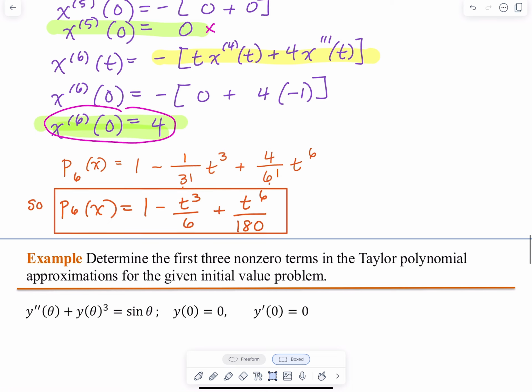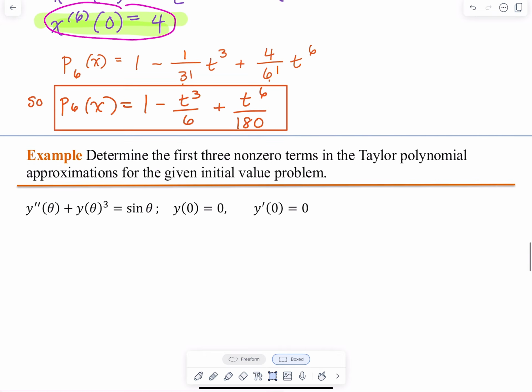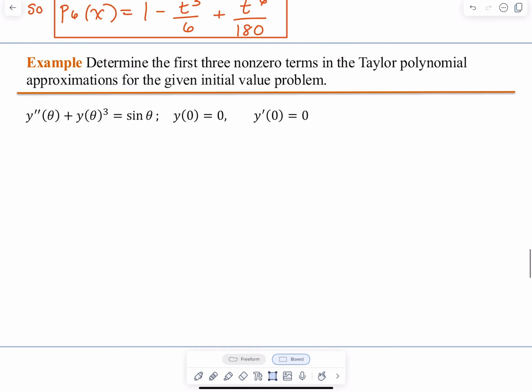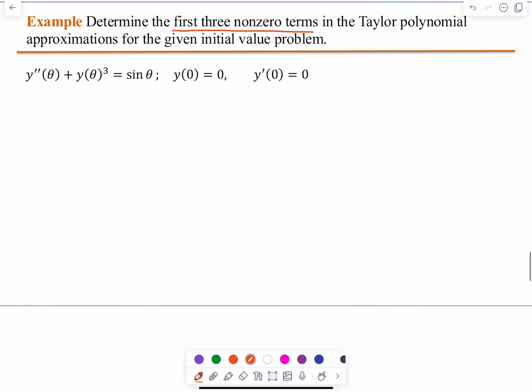Okay, let's look at our last example here, and it says determine the first 3 non-zero terms. Again, we're looking for the first 3 non-zero terms in the Taylor polynomial approximations for this IVP. So here is our equation. And as you can see, theta naught is going to be equal to 0.